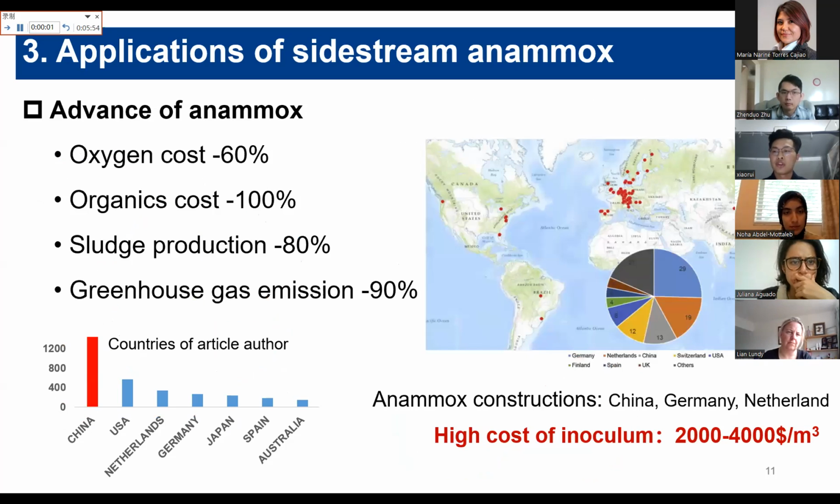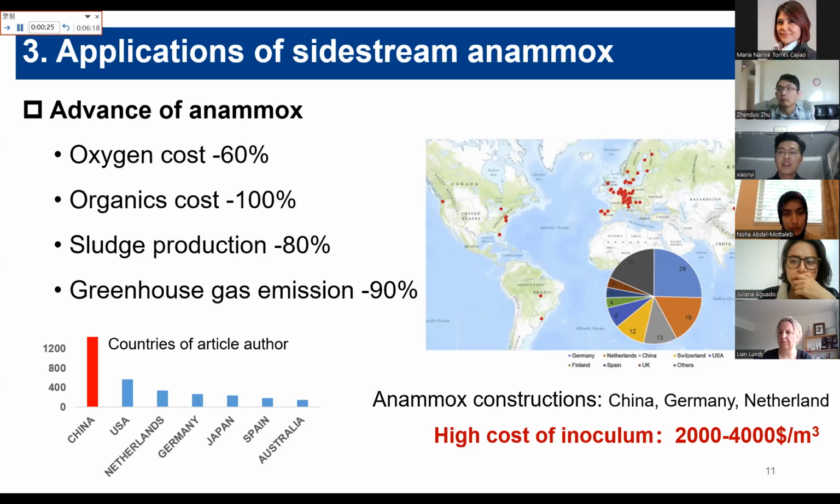And compared to the conventional nitrification and denitrification process, by employing Anammox, we can achieve less oxygen cost, less organic cost, and less sludge production. Moreover, the greenhouse gas emission is largely reduced.